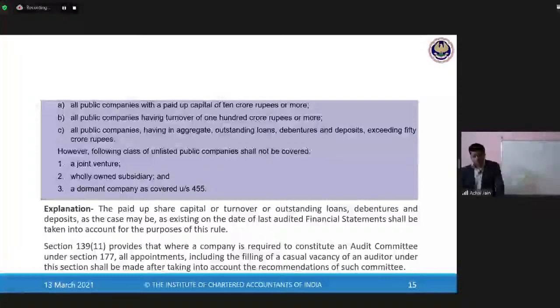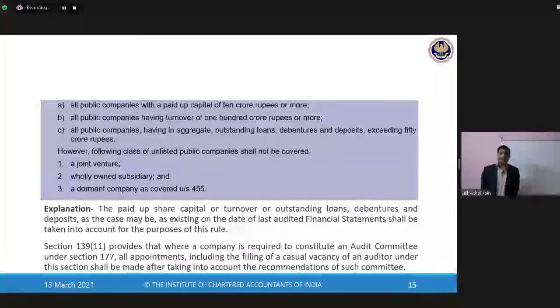And what's the criteria? All public companies with a paid up capital of 10 crore or more, all public companies having turnover of 100 crores or more, all public companies having in aggregate outstanding loans, debentures and deposits exceeding 50 crore rupees. Now, in respect of any of these companies, an audit committee is mandatory.